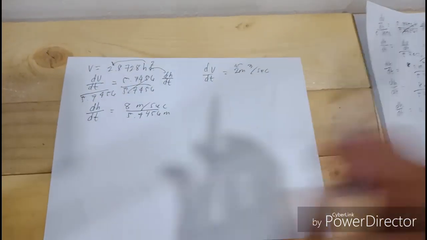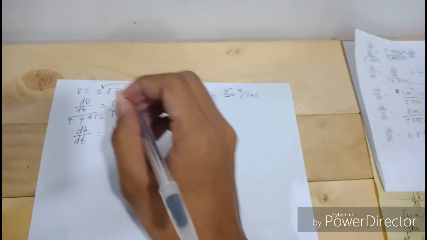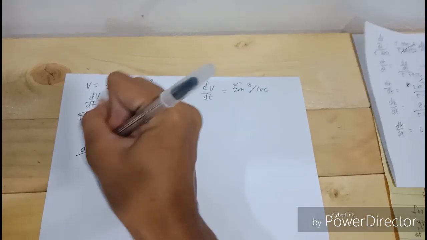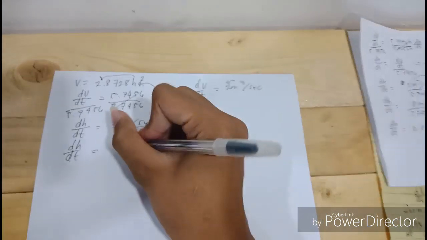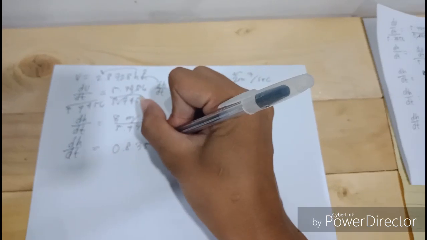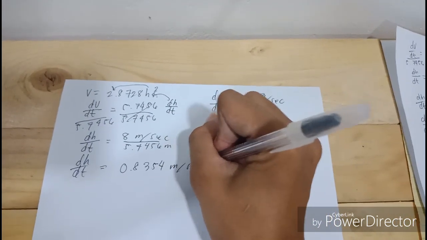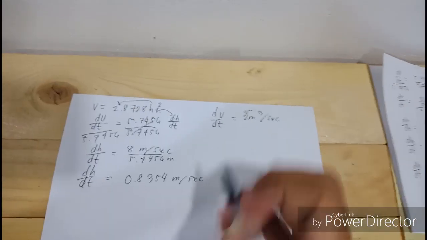So we will solve that, and that will give us dH dt equals 0.8354 meters per second. So that's it, guys.